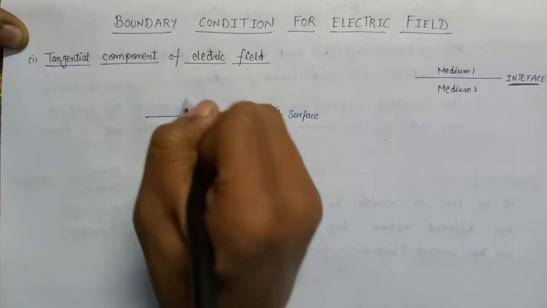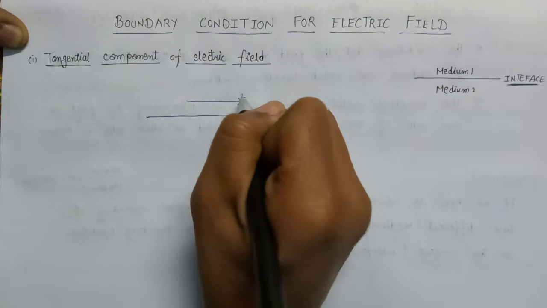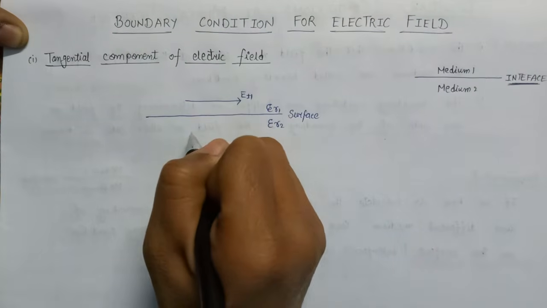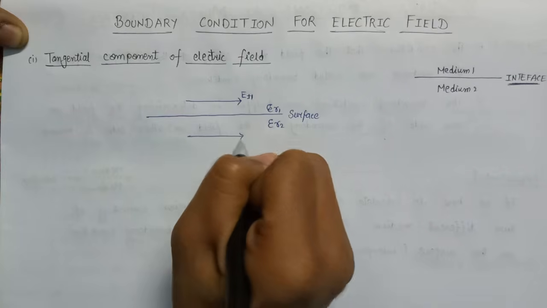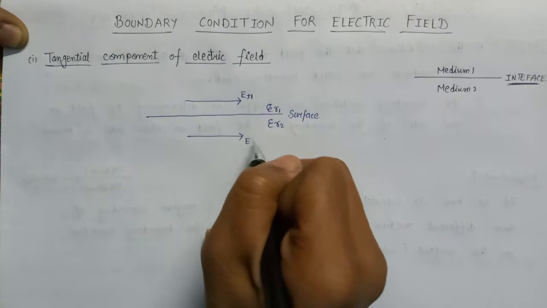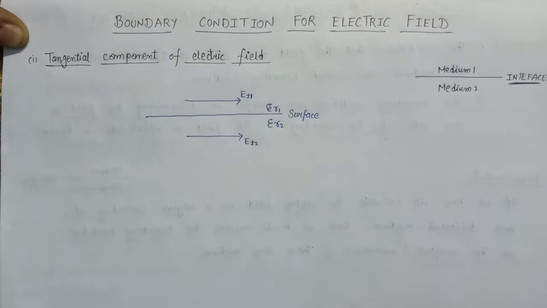Now here is the tangential component of the electric field for medium 1, represented as ET1, and here is the tangential electric field component represented by ET2, because it is of the second medium.